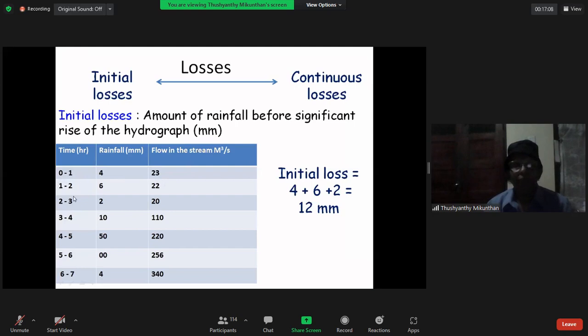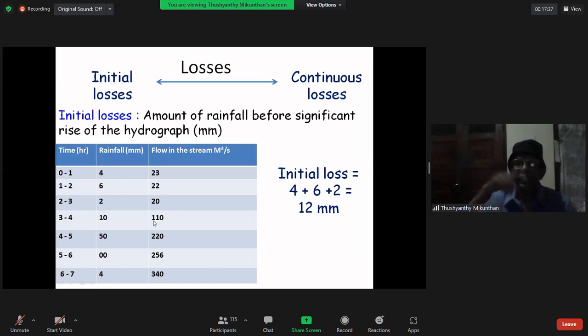Likewise 1 to 2, 2 to 3, 3 to 4, up to 7 hours, the rainfall and flow are given. So see where the significant rise of the hydrograph is: 23, 22, 20, then 110.